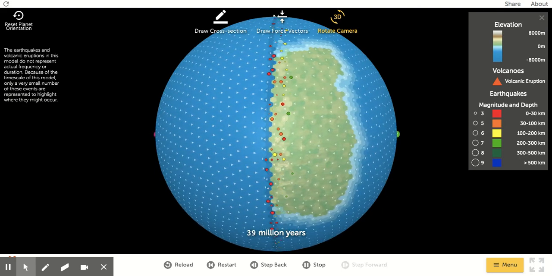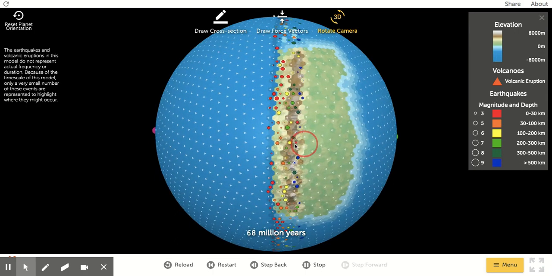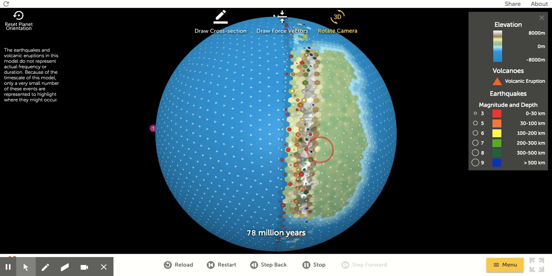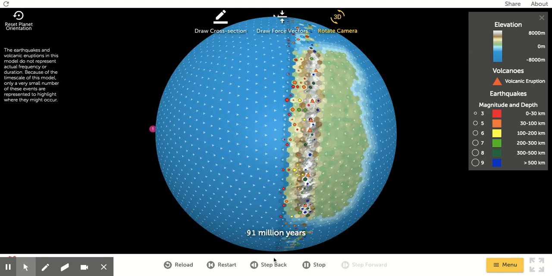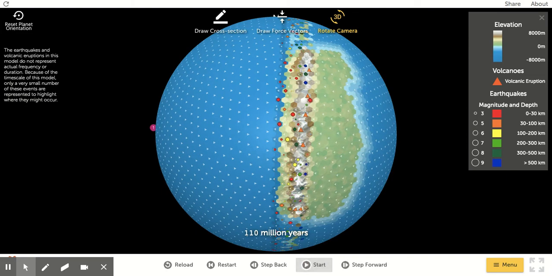Again, you should notice what's going on here. Oh, we're starting to get mountains forming on our continental side. So what's happening here? Our more dense ocean plate should be going underneath our less dense continental plate.